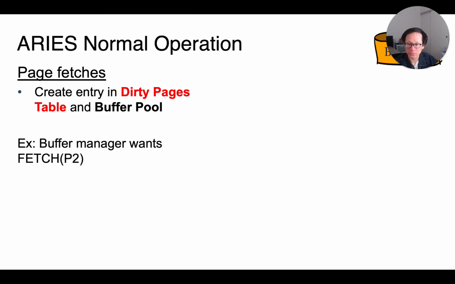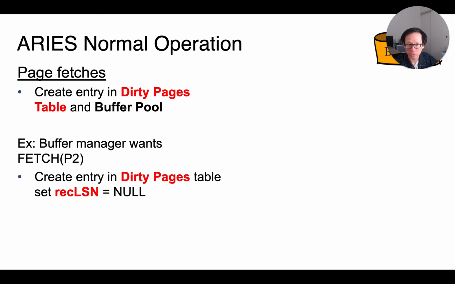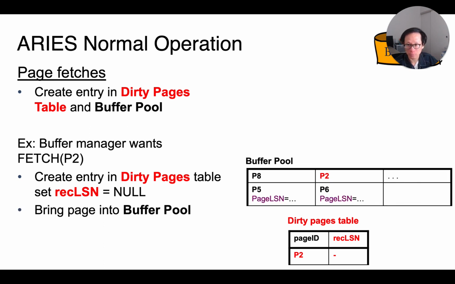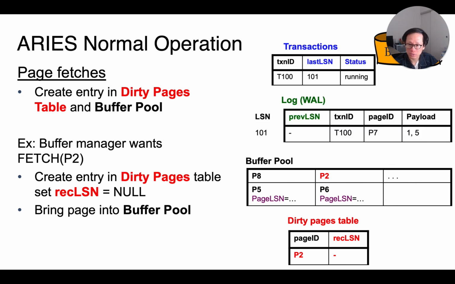So, for example, if the buffer pool manager wants to load page number 2 into memory, we first create a new entry for that page in the dirty pages table, with rec LSN set to null since no one has written to that page yet. And then we bring the page into the buffer pool. The transactions table and the log itself remain unchanged during this process.